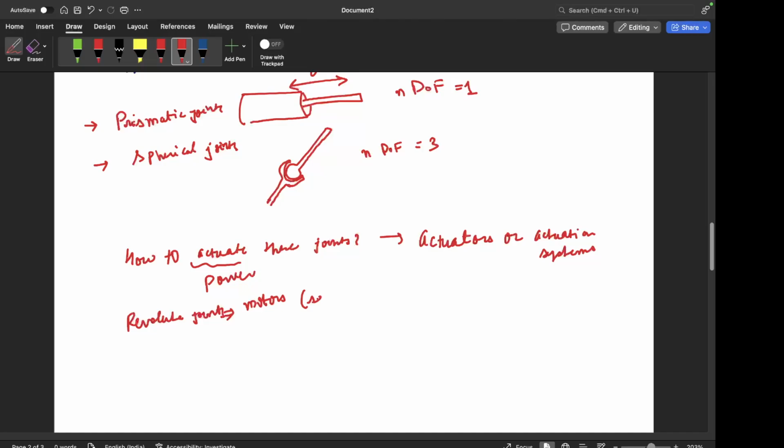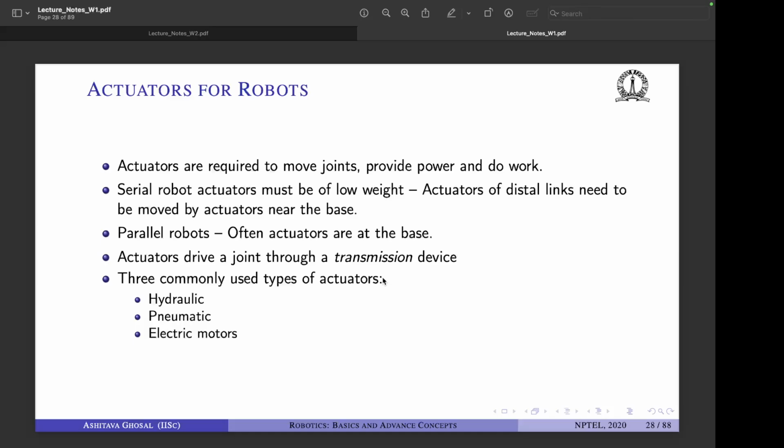Motors like there are servo-based motors, which some of you might have used. There are stepper motors. Then there are BLDC motors, which are quite common in drones and legged robots, right? And basically many such examples.